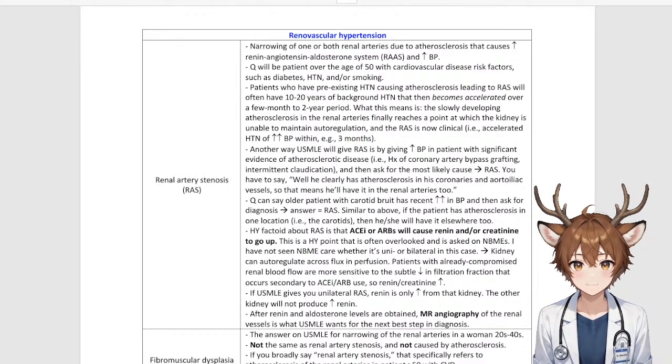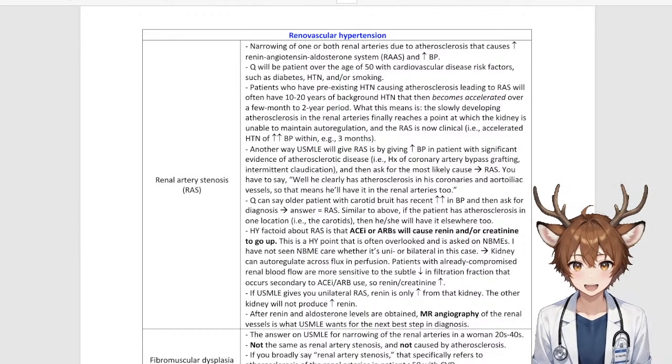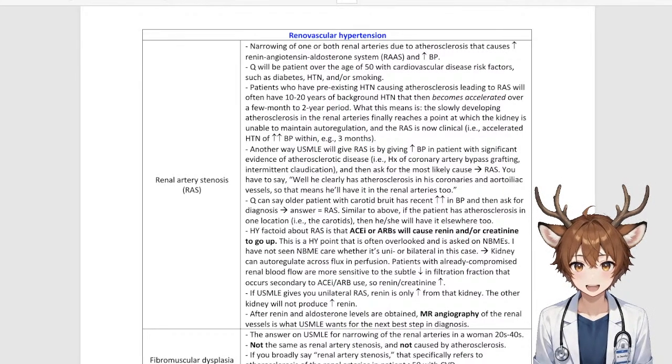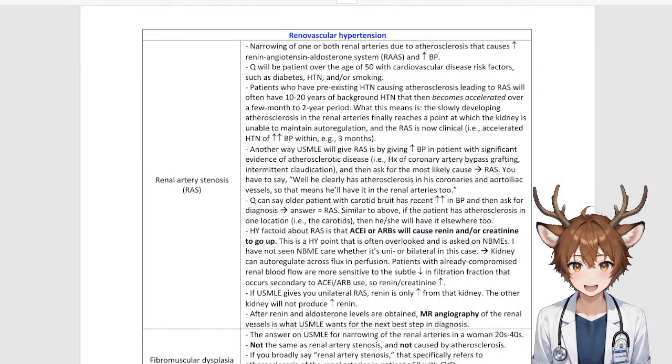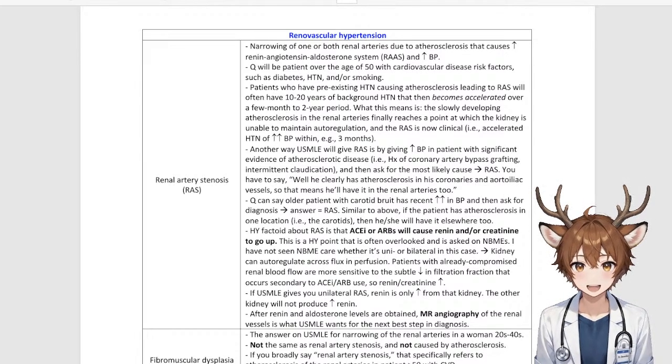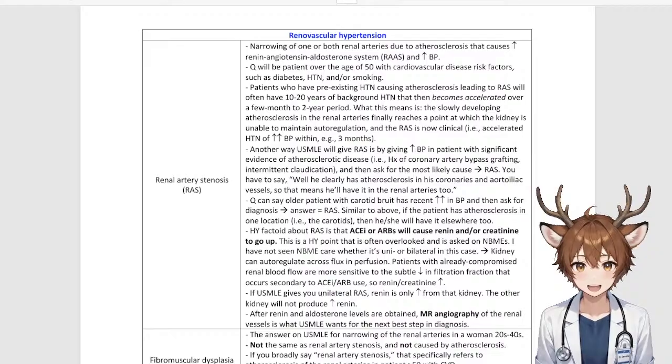But anyway, patients leading to renal artery stenosis will often have a 10 to 20 year background of hypertension. Then it becomes accelerated over a few months to 2-year period. What this means is that the slowly developing atherosclerosis in the renal arteries finally reaches a point at which the kidney is unable to maintain autoregulation and the renal artery stenosis is now clinical, i.e.